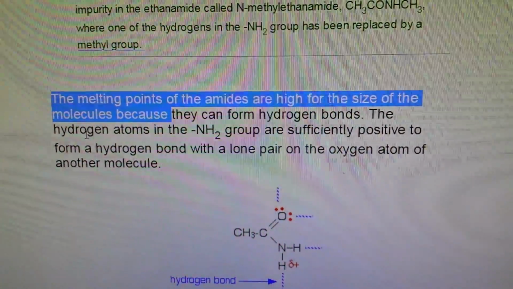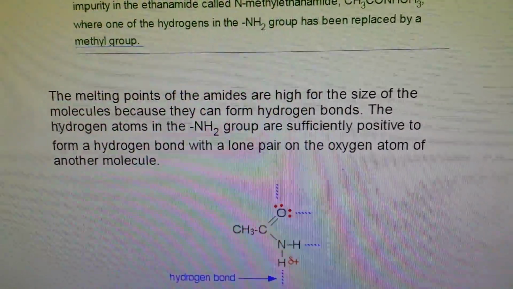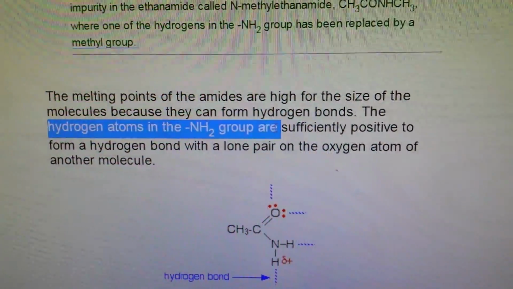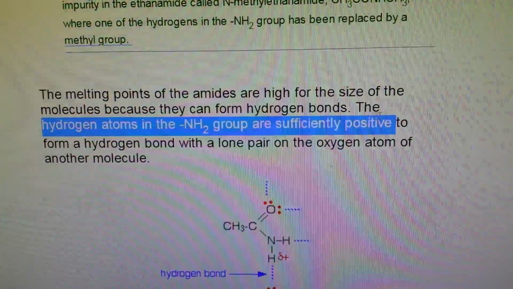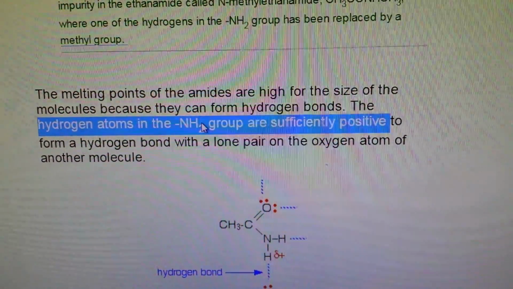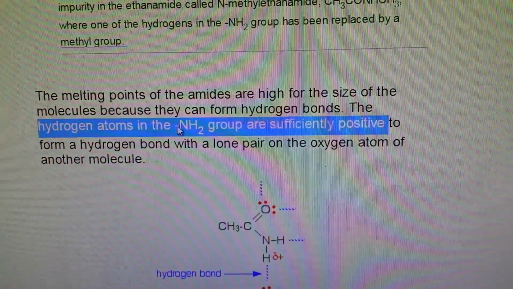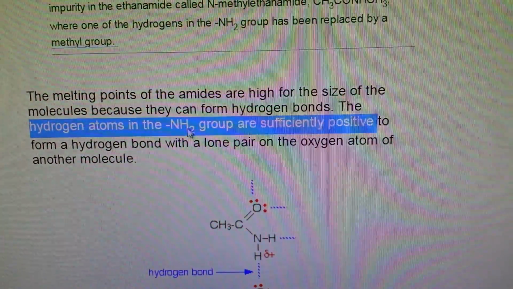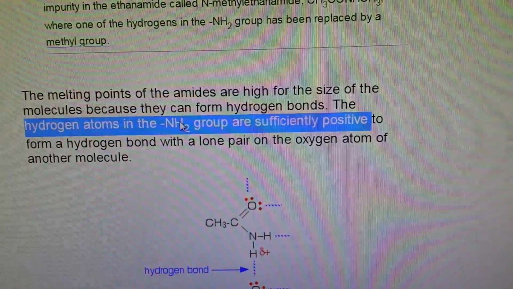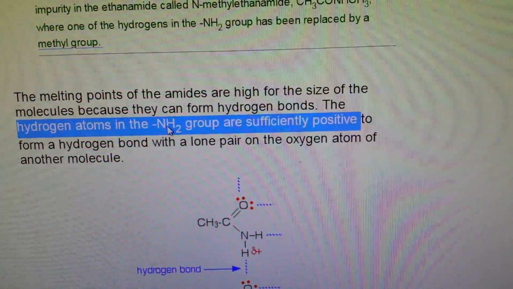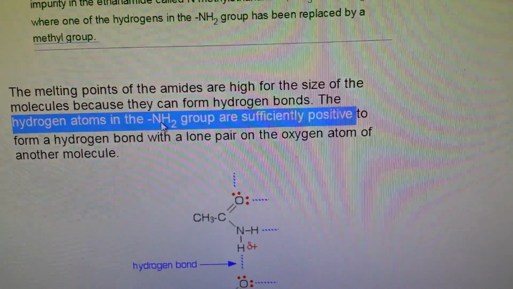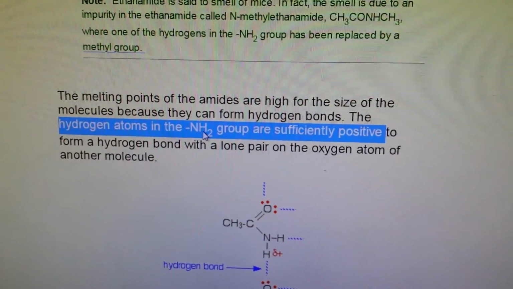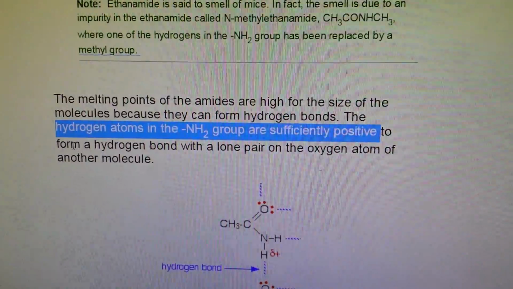The hydrogen atoms in the NH2 group are sufficiently positive, because nitrogen is withdrawing electrons from the protons, just like water. And if something is positive, it forms hydrogen bonds, just as there is hydrogen bonding in water due to oxygen next to the hydrogen. So here the same thing happens.